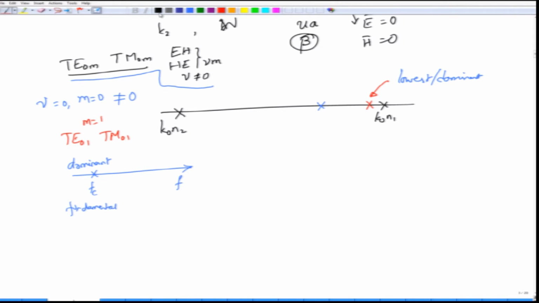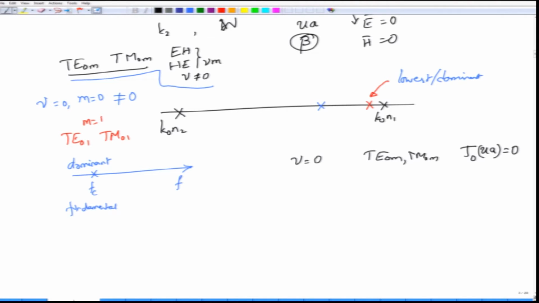Turns out that no. Why is because if you solve that big equation and find out the cutoff conditions for each mode, you will see that with nu equal to 0, the TE0m and TM0m modes will cut off when J0 UA is equal to 0. Okay.